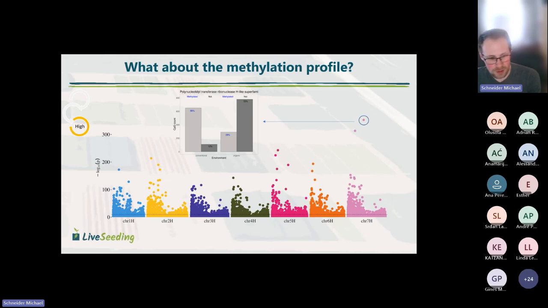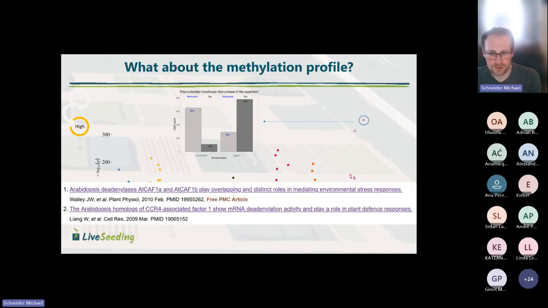And this means for this gene, which is a polynucleotide transferase, this is telling you maybe even more than it does me. But when we are going for literature research, we find some ortholog genes in Arabidopsis, for example, which showcase that these proteins are relevant to mediate environmental stress or plant defense response.